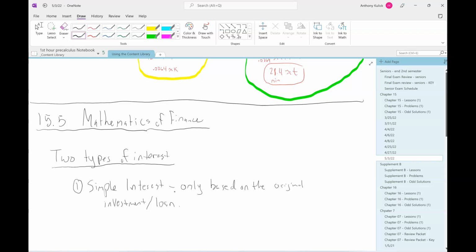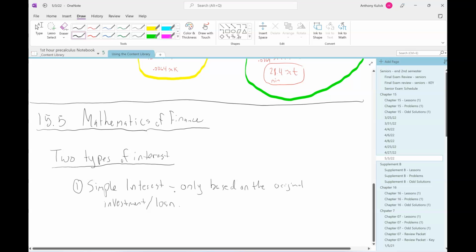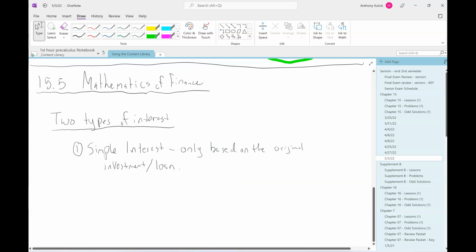Simple interest is based only on the original investment or loan.